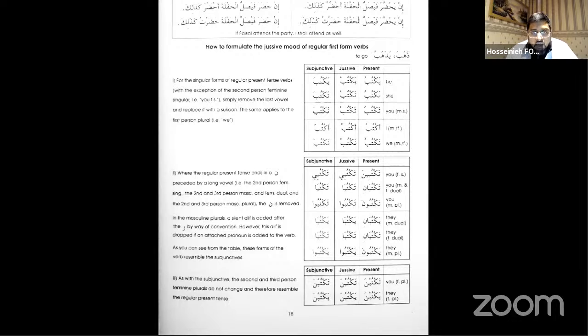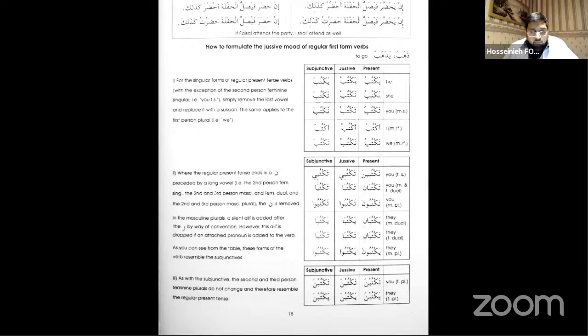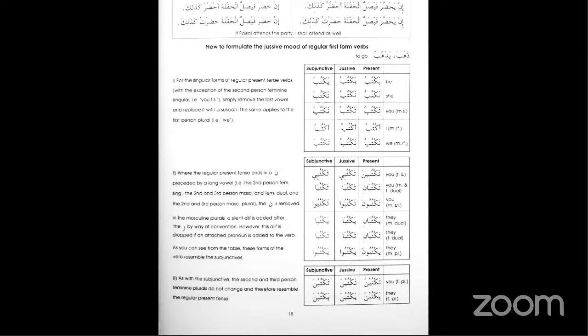Subjunctive is halatul mansub. The jussive case is halatul majzoom. Sister, continue now. Lan taktubi, you will never write. Correct. Lan taktuba, you will never write. Lan yaktuba, they will never write. Correct.